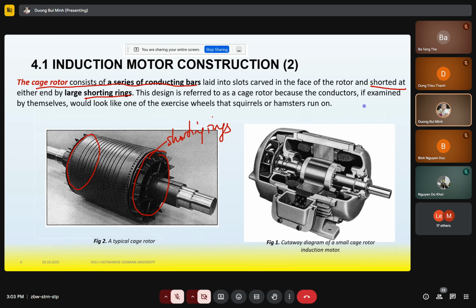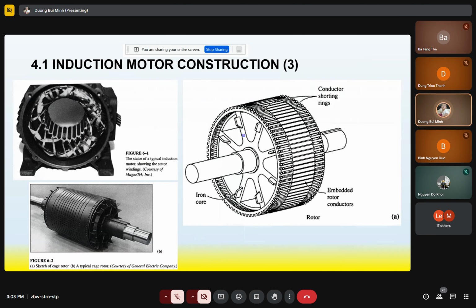Now this becomes a closed circuit at the rotor side, so it can generate IR, the rotor current. Look at this one: this is a conduction bar, and these are the shorting rings, so we can get the rotor current.